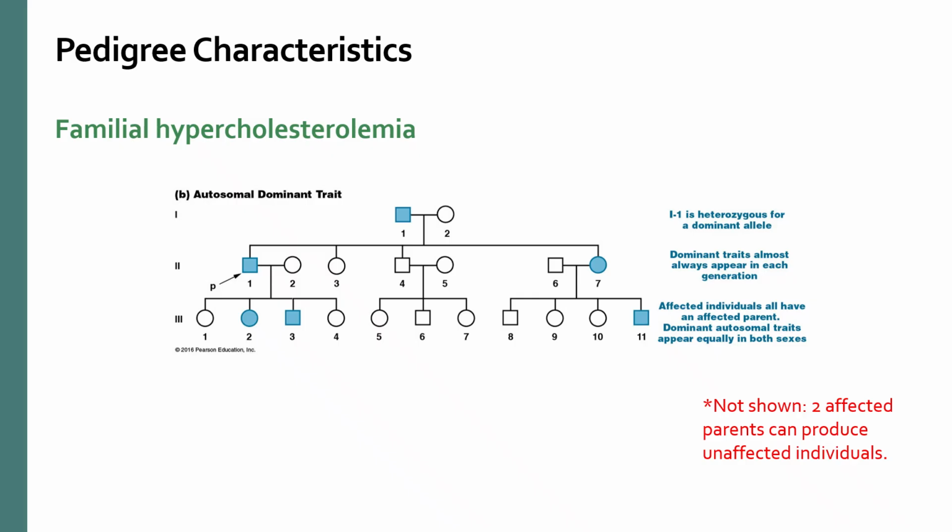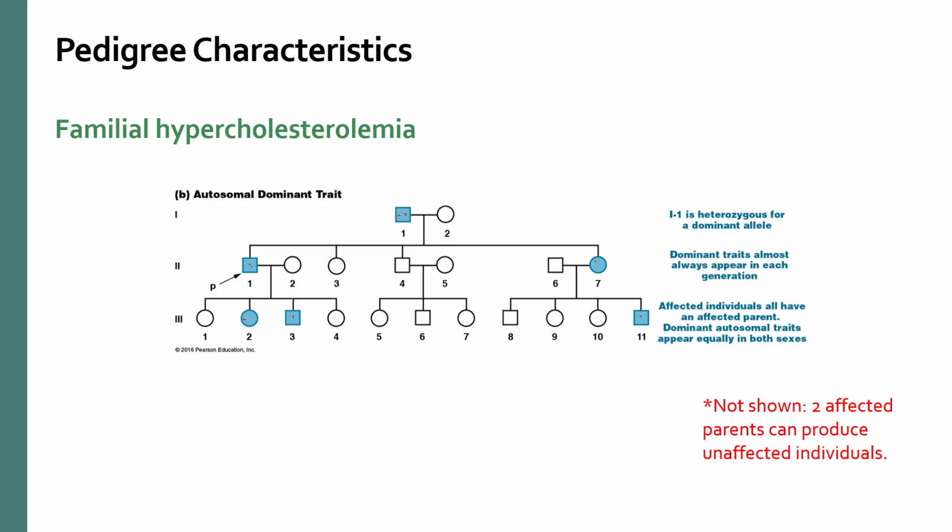So example here, familial hypercholesterolemia. This is inherited high cholesterol. So this is where the body cannot break down cholesterol and it accumulates at high levels. This is an autosomal dominant. So here we have every affected child has an affected parent.